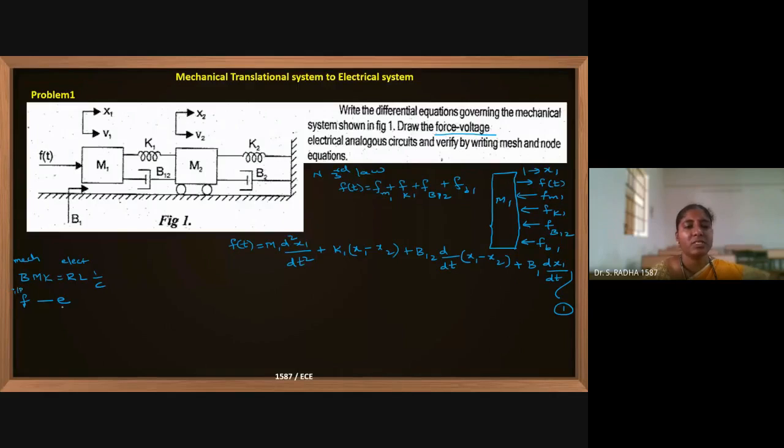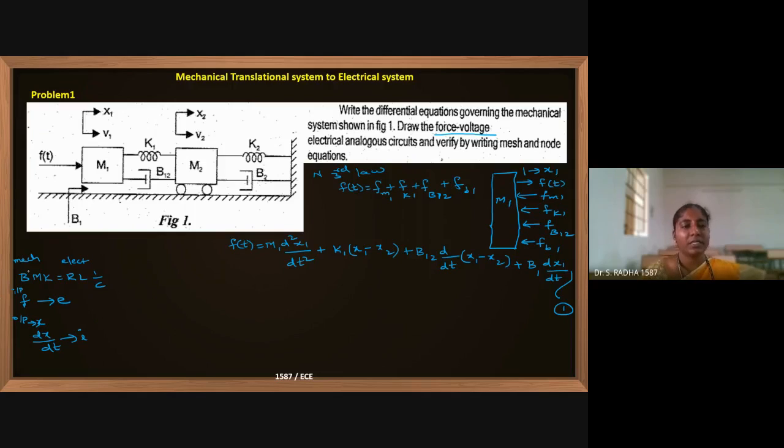The output displacement is X, but I will take dx by dt, which is equivalent to current in the electrical system.